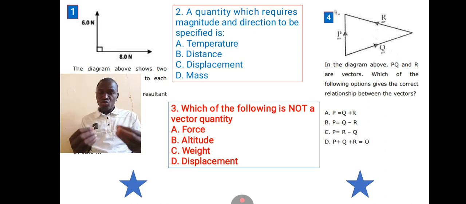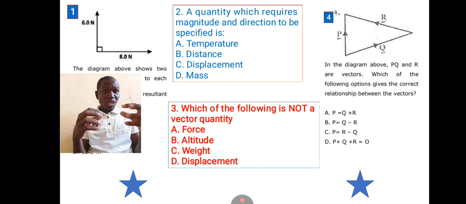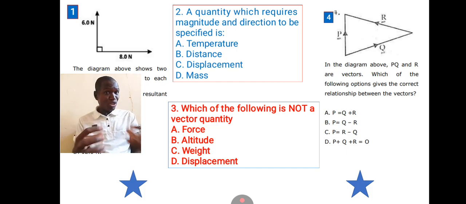Today, I'm going to teach you how to answer questions like this, especially those with calculations. You cannot predict. In some years, as much as they ask questions like question 2 and 3, which are very simple, they also ask along with vector resolutions. These questions are very simple and I wouldn't like you to miss any.